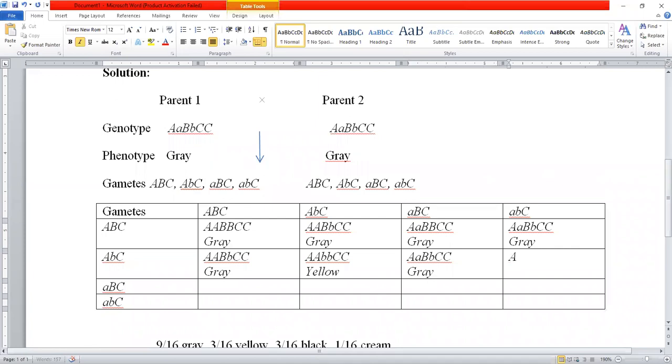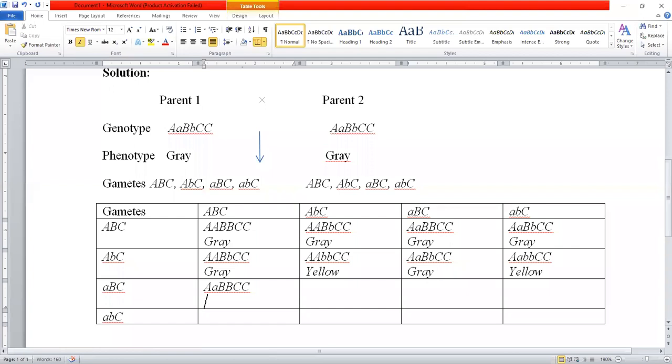This would be capital A, small b, capital C, capital C. So this would also be yellow because the homozygous recessive form of the small b gene is present. This would be capital A, small a, capital B, and capital C, gray, because a dominant allele of each of the three genes is available.